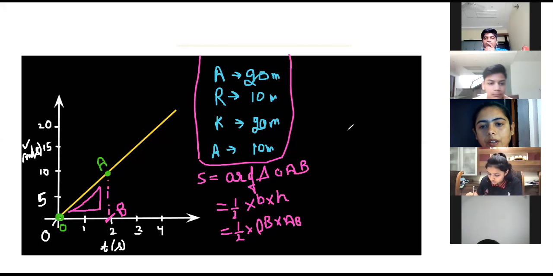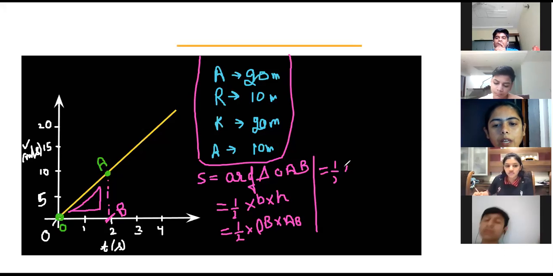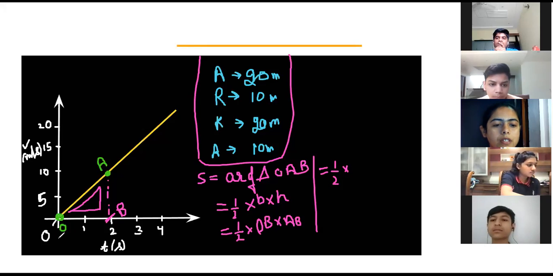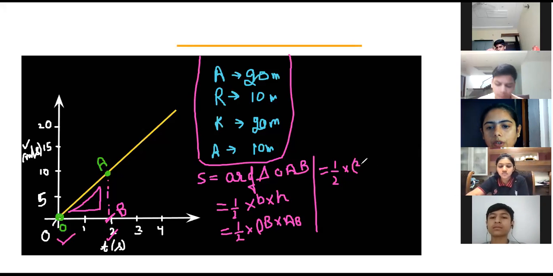Now, when you are going to solve it, put the values. Half OB goes from 0 till 2, so it is 2 minus 0, multiply by AB.